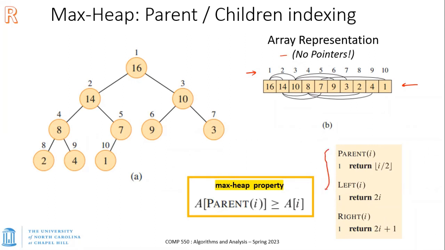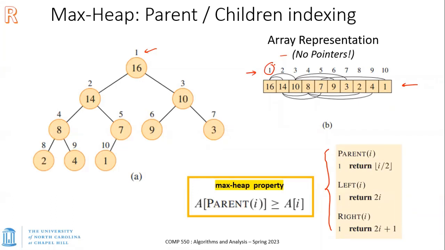It depends on whether you're starting the array at index 1 or 0. So there might be a little difference between the left child being at 2i or 2i plus 1, depending on exactly where you start. Of course, we generally use pseudocode and start all our arrays at index 1 rather than 0.